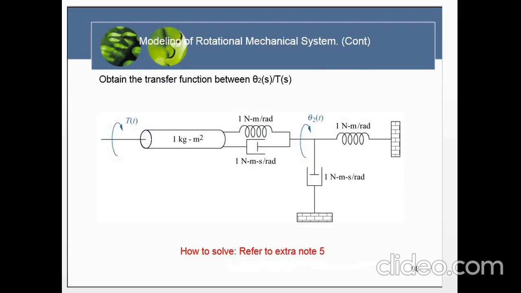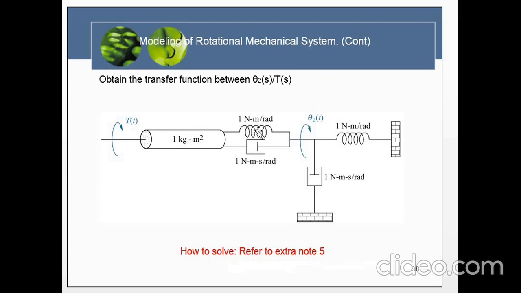Okay, this is the next example. Obtain the transfer function between theta 2(s) per T(s). That is T(s), the torque that works in this system. It is here. The system inertia is 1 kilogram meter squared.